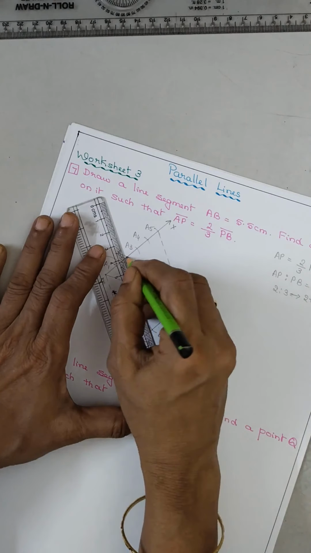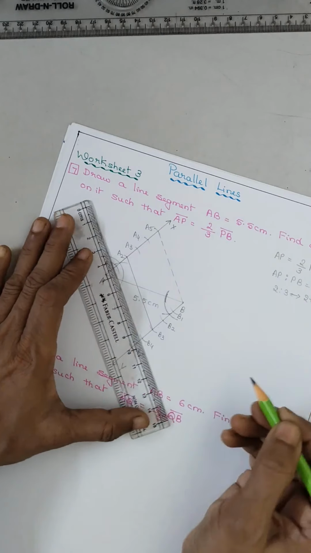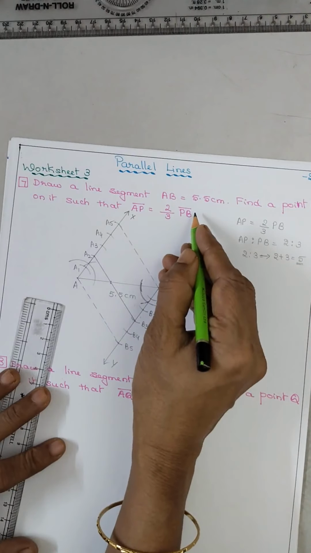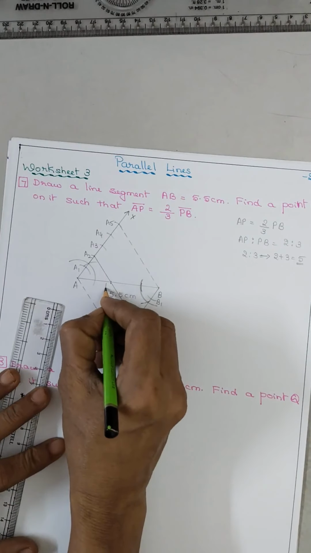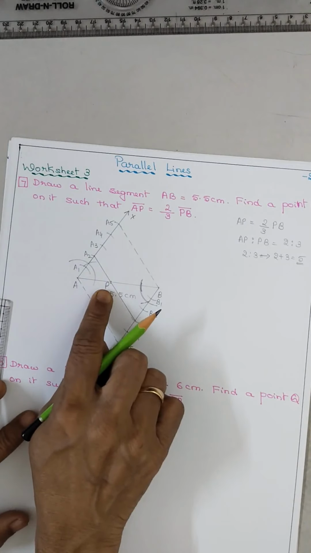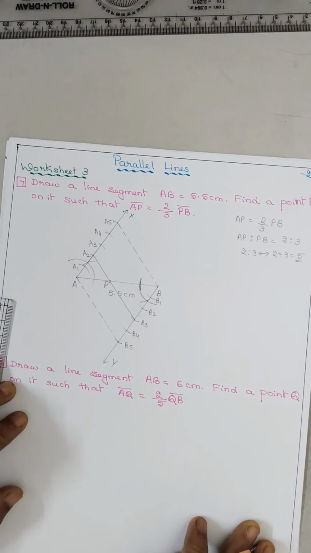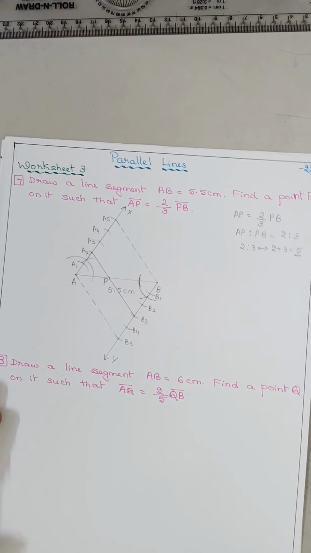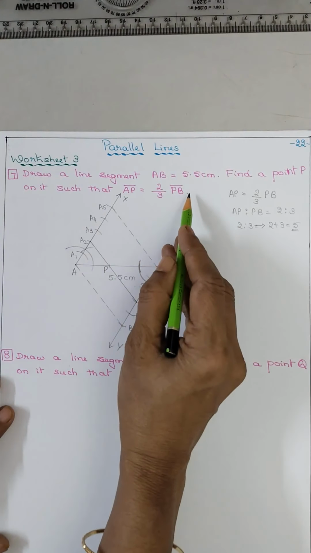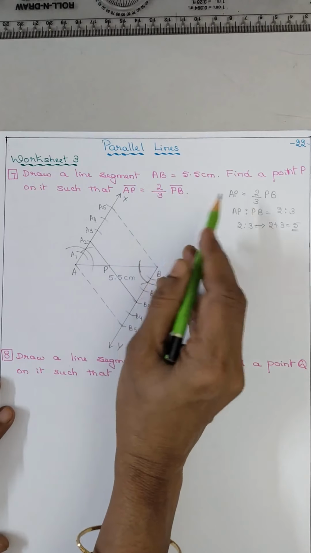It is A2 and B3. This is P. They have told P is the point. So AP is 2/3 of PB. Hope you understood, only extra work. 2/3 PB means AP is to PB is equal to 2:3.